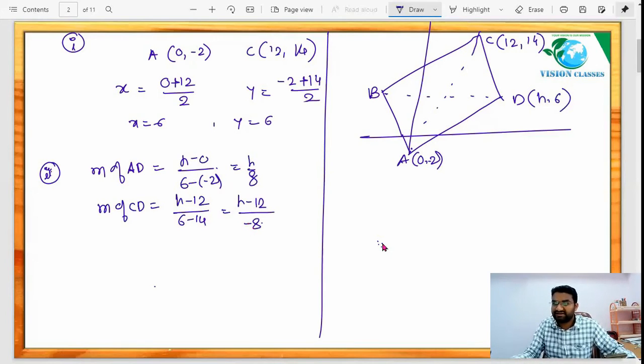Let's say this is m1 and this is m2. We know that AD is perpendicular to CD, so m1 times m2 is equal to -1.